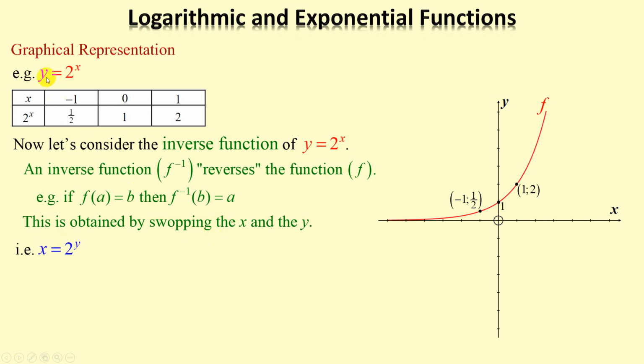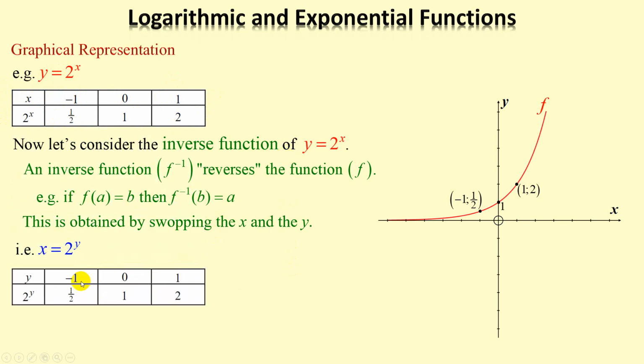So there we are, y equals 2 to the x there. Now we have x equals 2 to the y. So what I'm going to do is duplicate that table with y's instead of x's. Now we're going to have the y value of minus 1, and then the x value will be a half. So minus 1 and then a half, because we're plotting from y first.